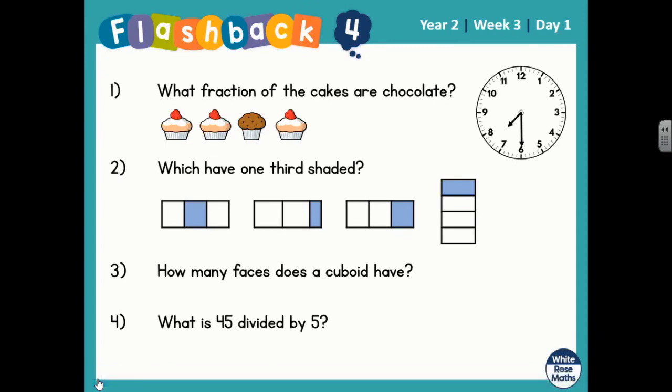Finding 3/4 today, but first our flashback, a couple of nice fractions questions at the top there, and then our questions from last term. Now, question number 4, I'd be thinking about what I know about my 5 times table, and then don't forget to have a go at the clock. Would you like to pause the video here and have a go at those questions?